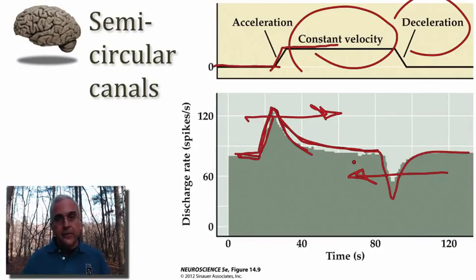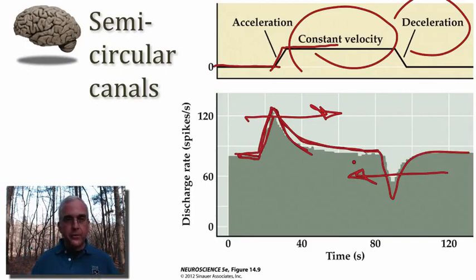And it will again take a few seconds to equilibrate the flow of endolymph and the flow of the fixed structures. So this is why the semicircular canals only operate with a phasic response rather than the sustained response that we saw in the otolithic membrane.